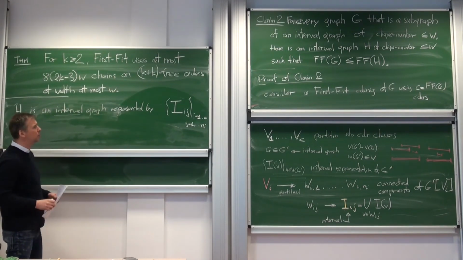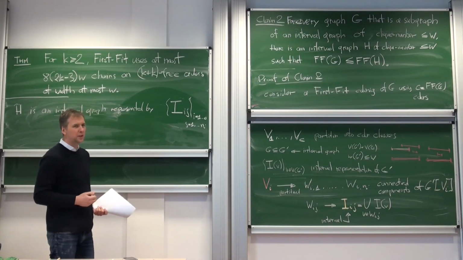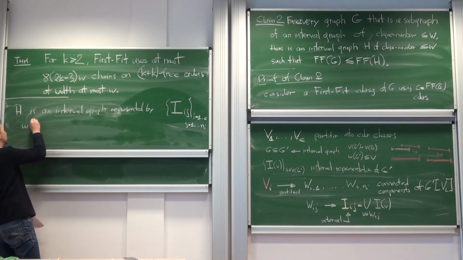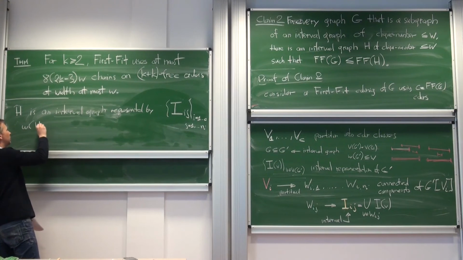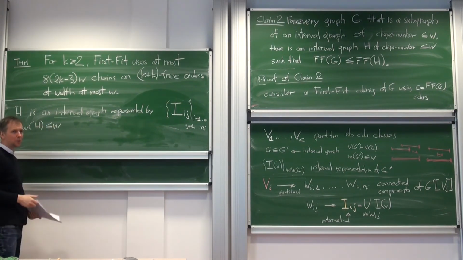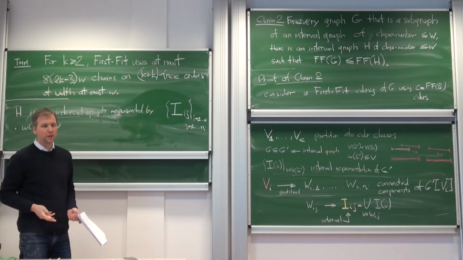And now, what do we want to see? First of all, we want to see that the width is bounded, so the clique number is at most W. That's the first property. And the second property is that first fit is forced to use lots of colors on this interval graph.